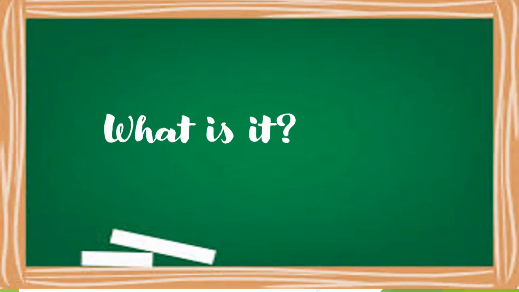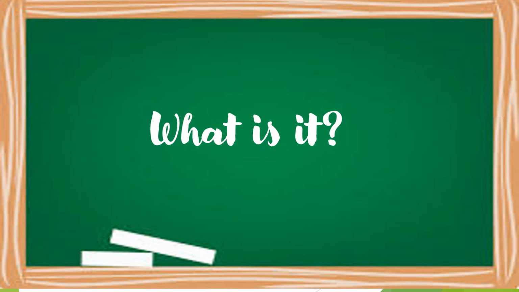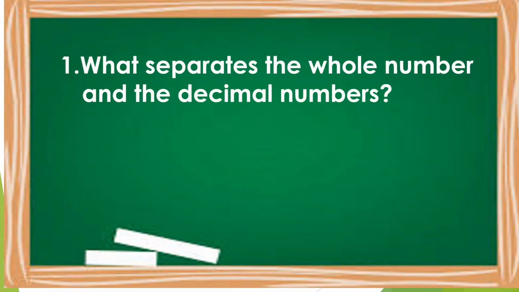After watching the video, let us answer these questions. Number 1. What separates the whole number and the decimal numbers? Okay, it is the decimal point which separates the whole number from the decimal numbers. Number 2.